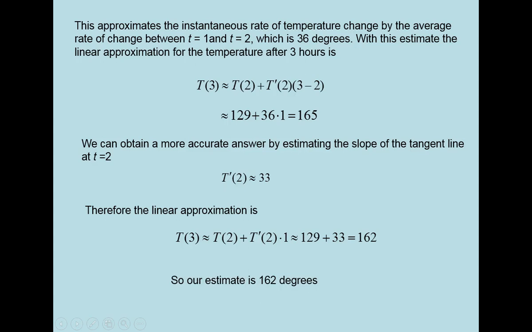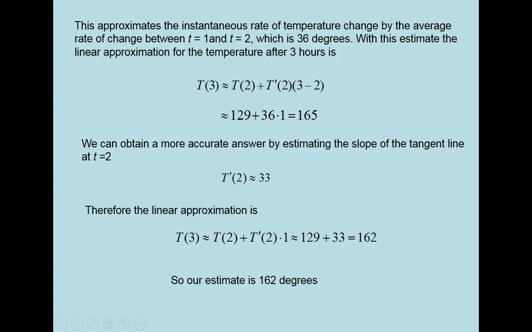Now, we looked at this earlier and said, if we create the equation of the tangent line at 2, it's going to be an overestimate. So to get a little bit better estimate, if we graphed this out on graph paper and looked at the slope of that tangent line, we may be able to get a better approximation for the slope.